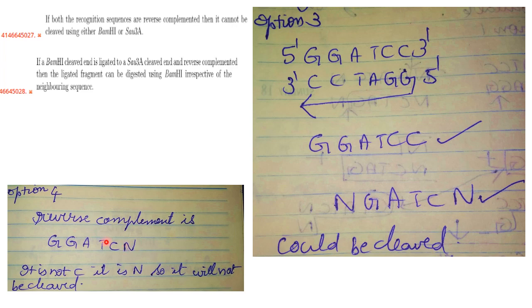And if you take the reverse complement of that, you are going to get an N over here. Now BamH1 is not very happy with the N over here. It wants C itself in its position to get cleaved. If not C, it is N, so it will not be cleaved. So option 4 is incorrect.